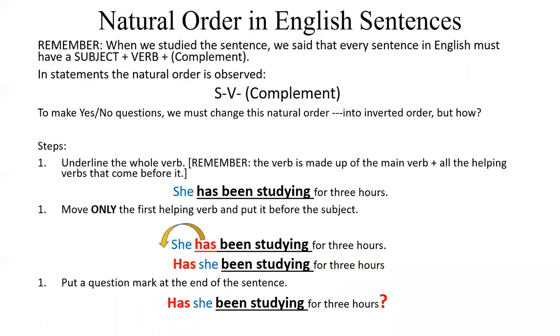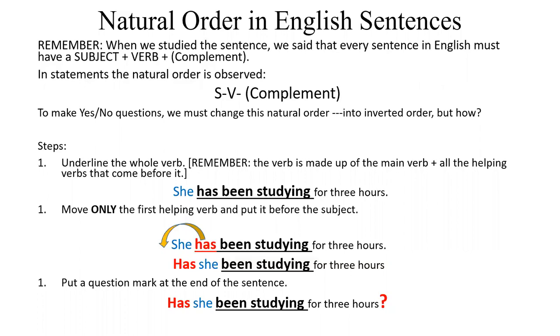Natural order in English sentences. You remember, of course, that when we studied the sentence, we said that every sentence in English must have a subject and a verb, and we might also have a complement after the verb, whatever the complement is, an object, an adjective, an adverb, a prepositional phrase, or a mixture of all of that.